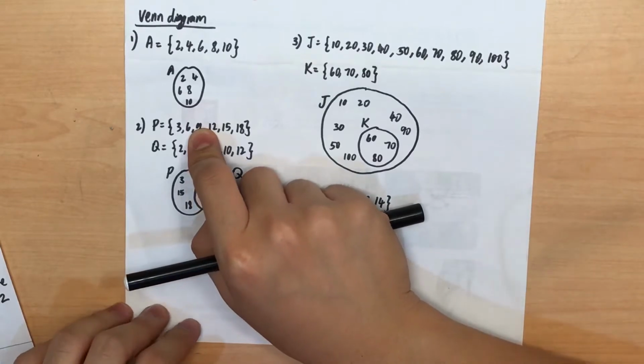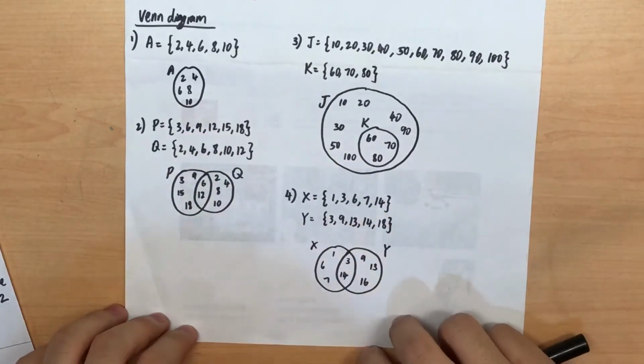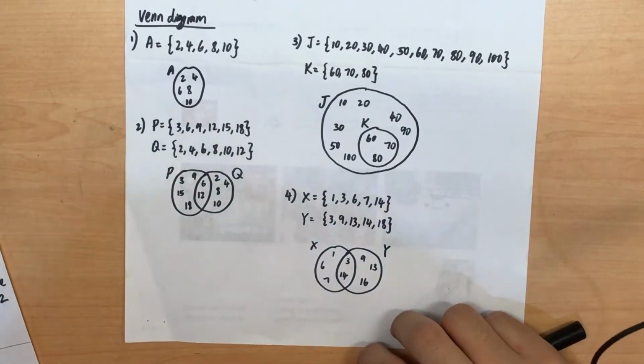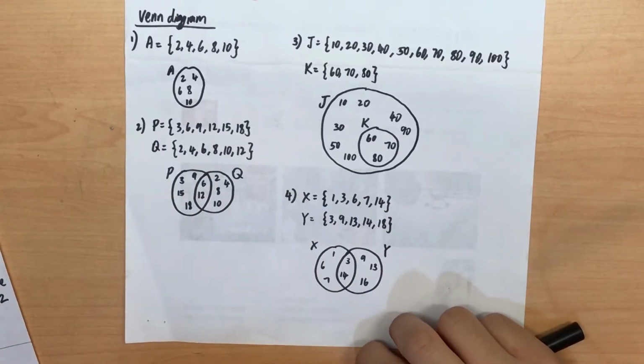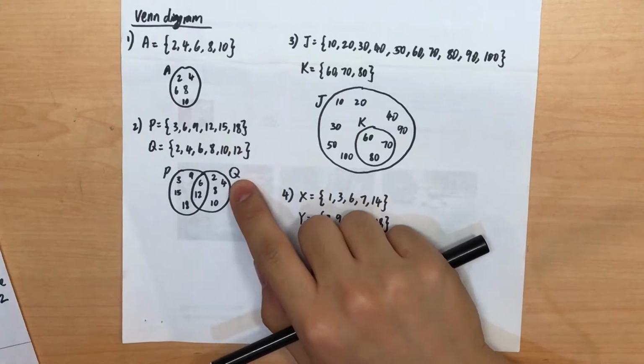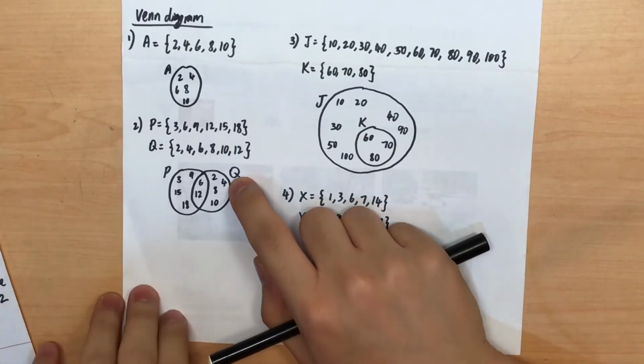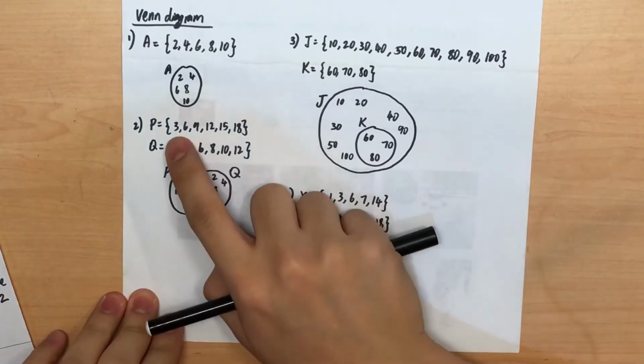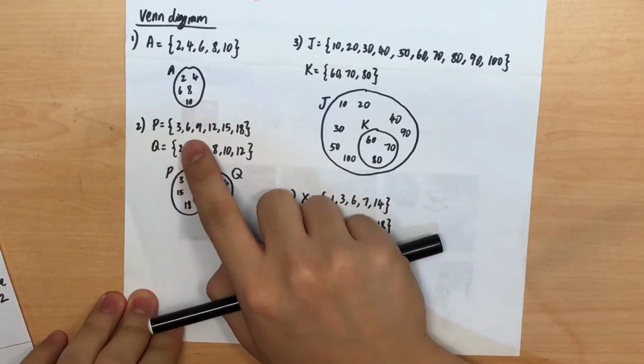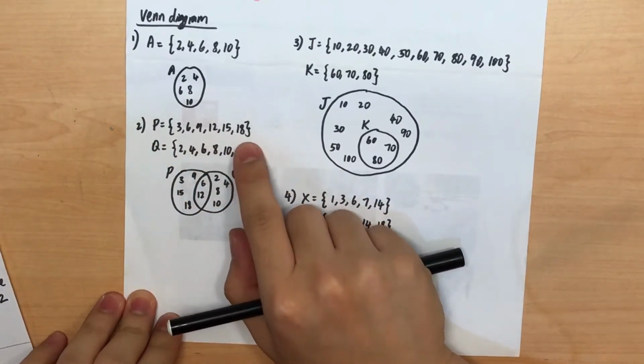Elements which are in more than one set can also be represented using a Venn diagram. For example, look at this. Set P consists of 3, 6, 9, 12, 15, 18.